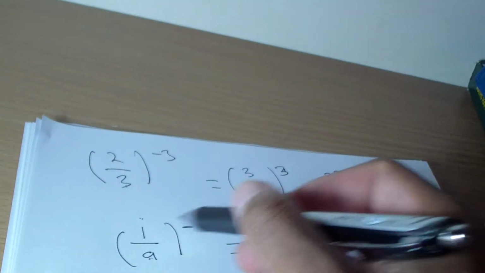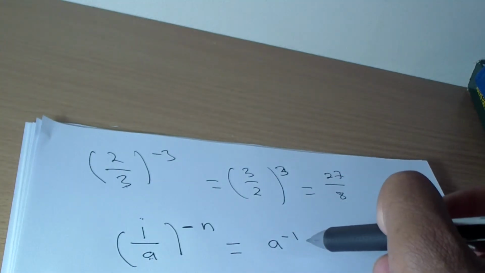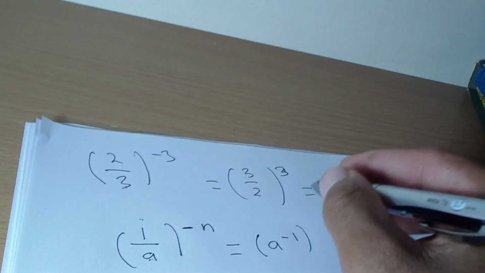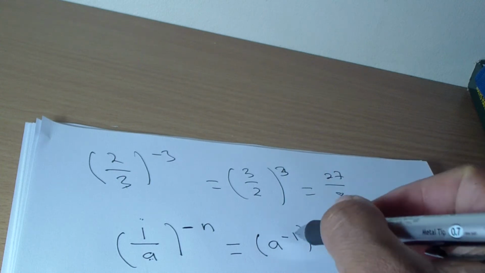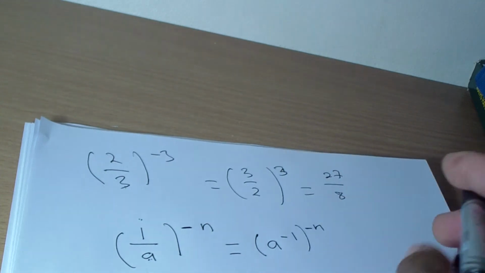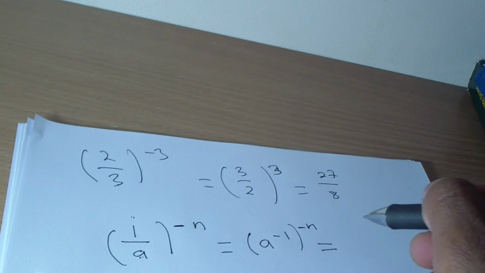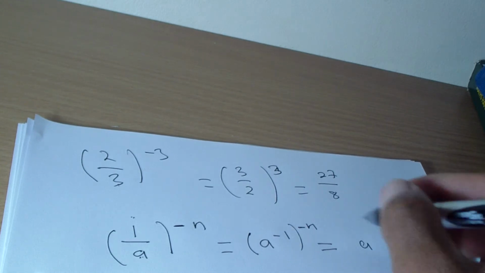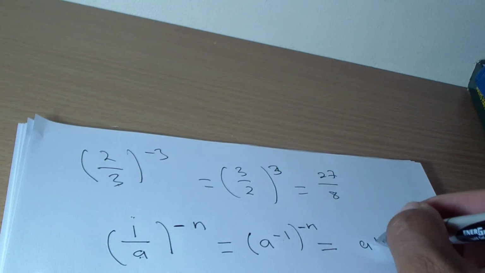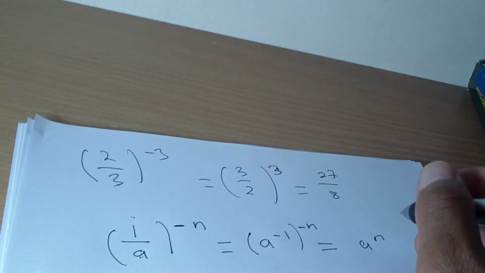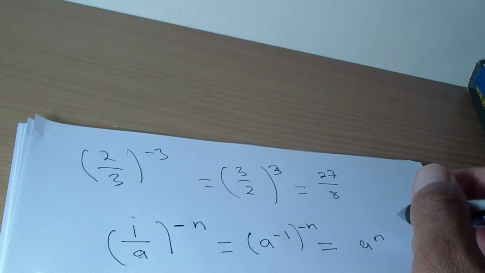But I still raised this to the power negative n. Remember what we said: if we raise a power to another power, we can simplify this into a to the power minus times minus, which gives me positive, so this is going to be a to the power n. So I can get rid of the negative sign like that.